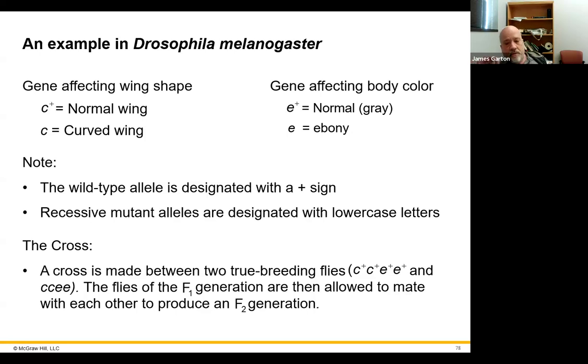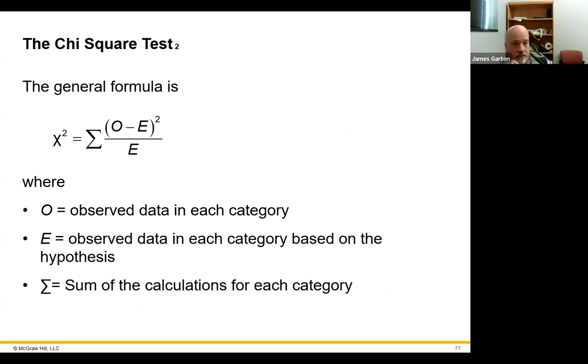Now, in fruit flies, the wild type allele is designated with that plus, and anything without the plus is some kind of mutant. Here's the general formula of the chi-square test. It's the sum of the observed minus the expected, squared, divided by the expected number of individuals in every category.